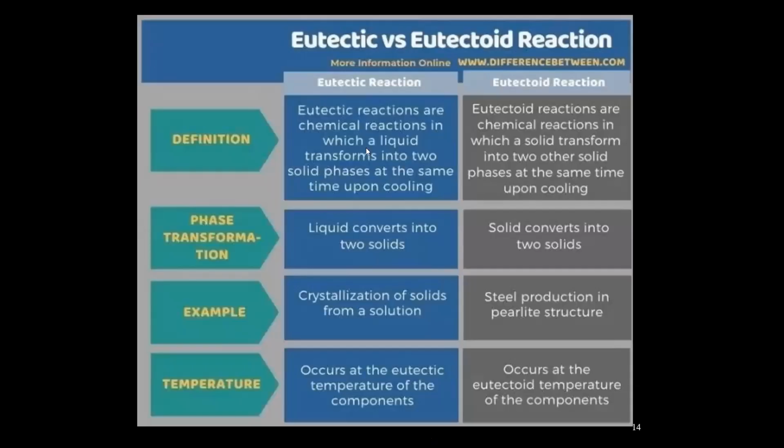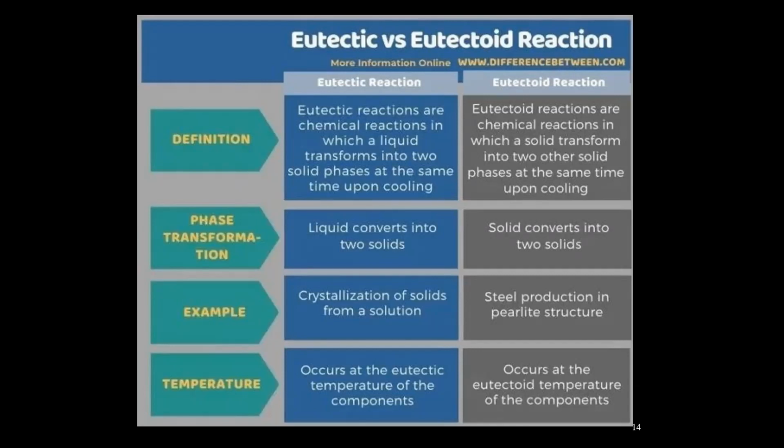Now let us see the differences between the eutectic and eutectoid reactions. Both eutectic and eutectoid reactions involve three phases. First, the definition of the eutectic reaction: eutectic reactions are chemical reactions in which a liquid transforms into two solid phases at the same time upon cooling.